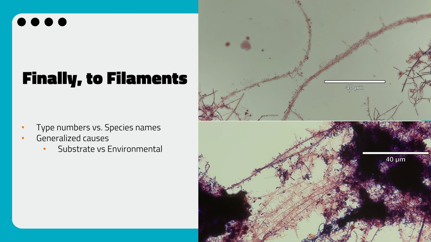Now, not all filaments, even if they're technically the same type, are really the same species. So the type system has been created as a way to group similar filaments together, and that is very useful in creating a box for us to put these different sets of traits in, but it makes it difficult to identify filaments at times. There's also some filaments where we have a slash.